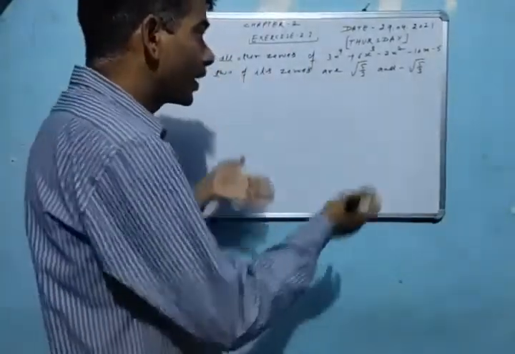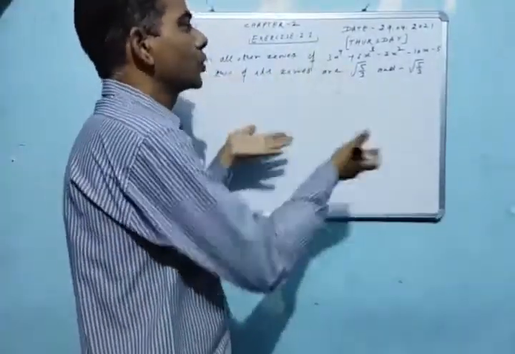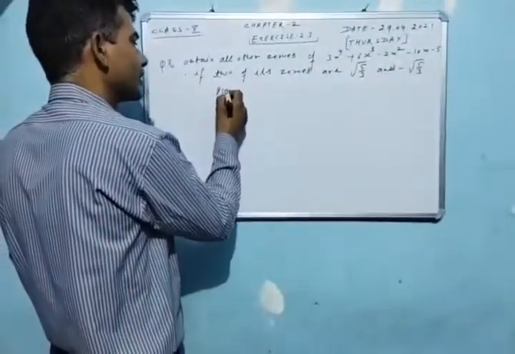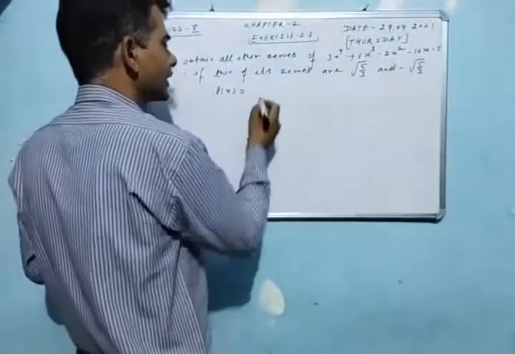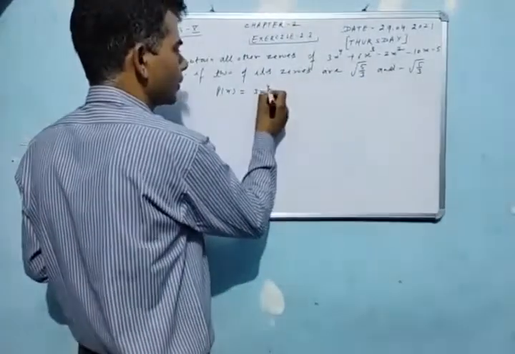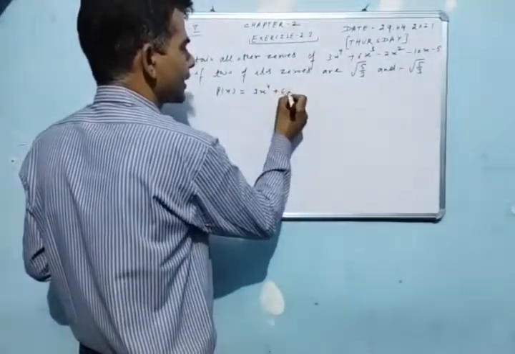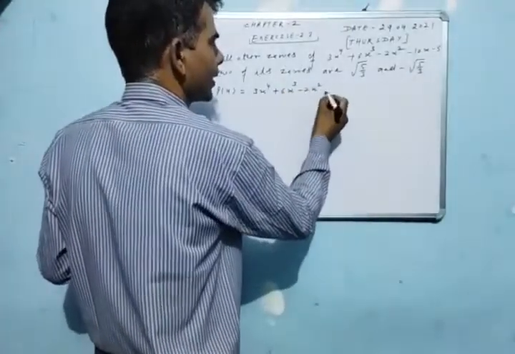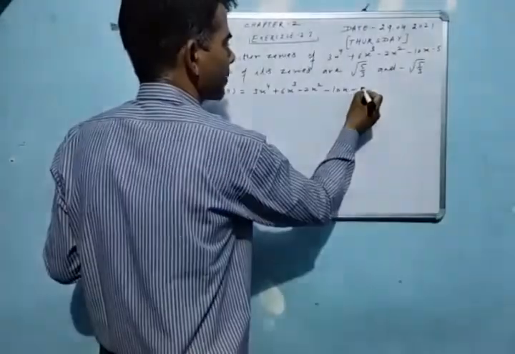We have to find out the remaining 2 zeros also. Now students, p of x is given, that is 3x raised to power 4 plus 6x cube minus 2x square minus 10x minus 5.